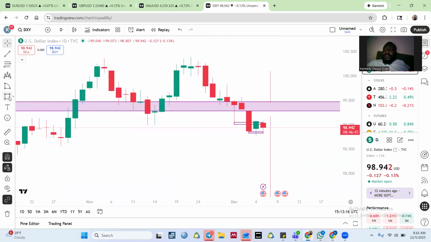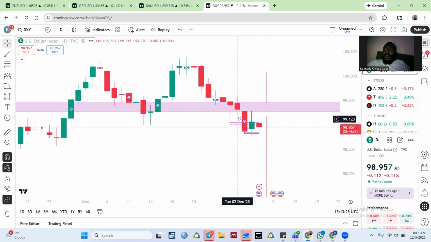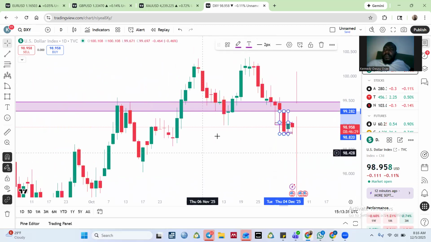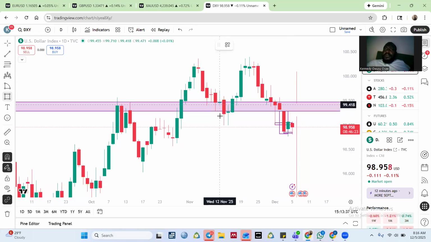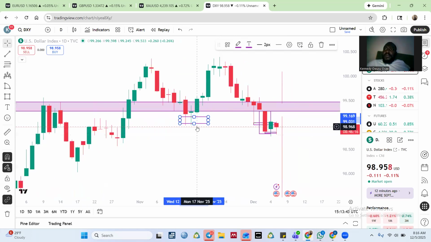But there is this big, big bearish candle. You can see this big bearish candle right now, which is an indication that previously there were buyers here. Why do we know there are buyers here?